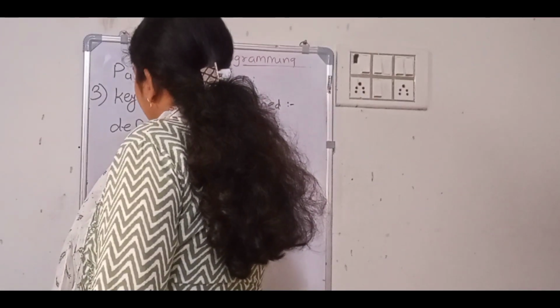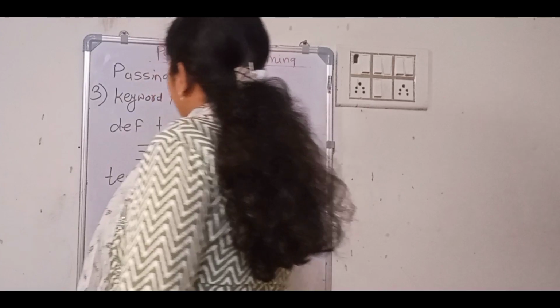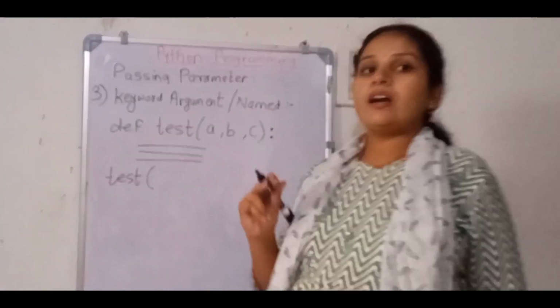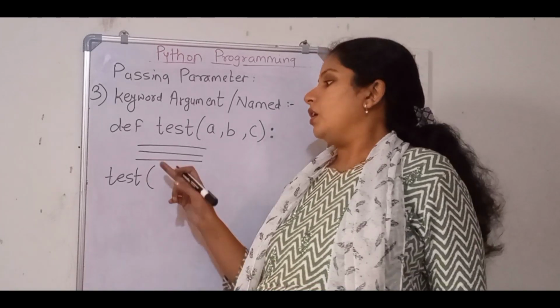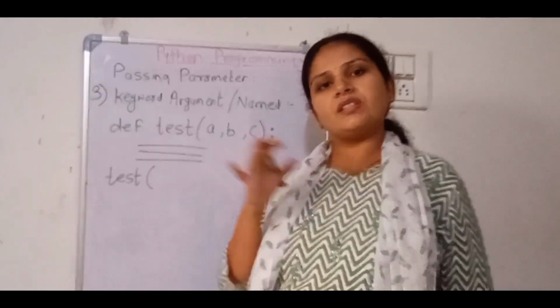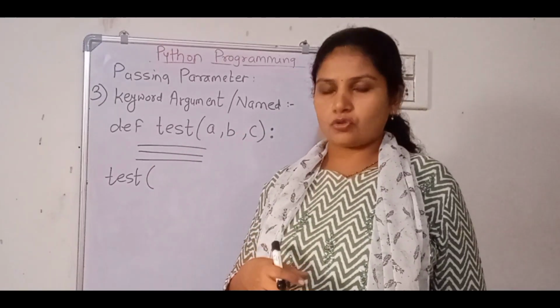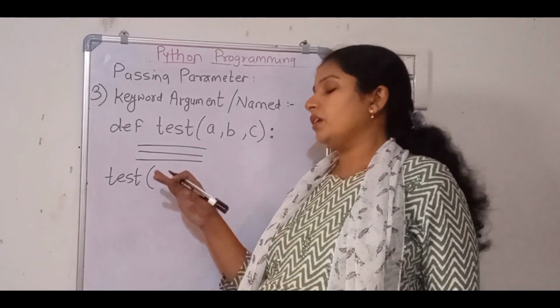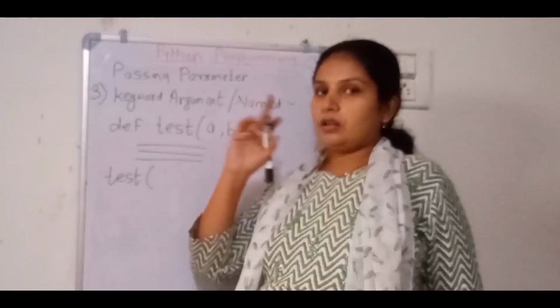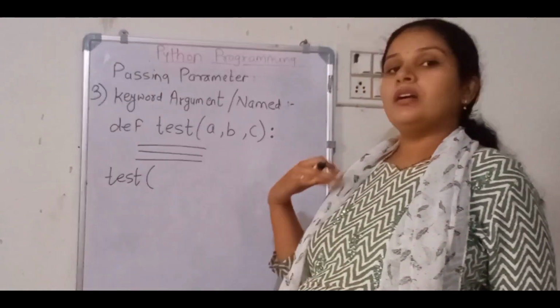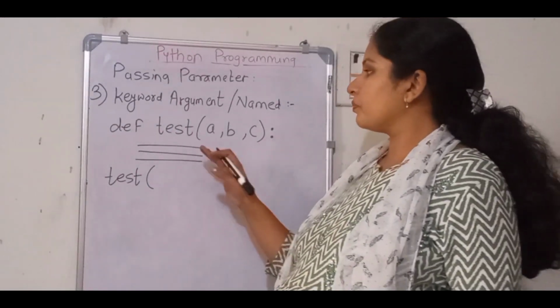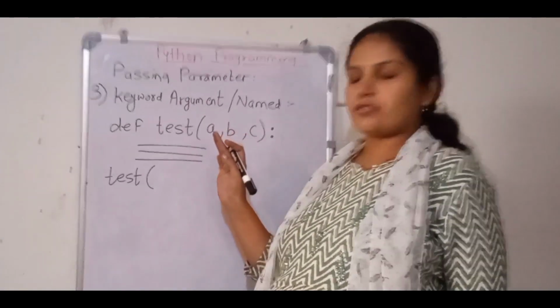So for calling the function test, here what we are doing, we are giving the name to the values. We can do this with the positional and default arguments also. It doesn't matter, but the sequence matters in the positional and the default.